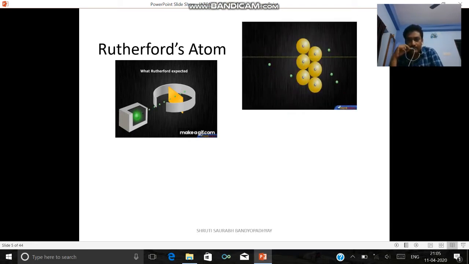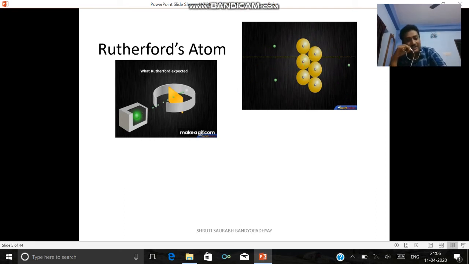Only one, you see in this picture, only 1 in 20,000 particles, large scattering was observed. When Rutherford was asked, he said that it was almost incredible, as if you fired a 15-inch shell at a piece of tissue paper and it came back and hit you.